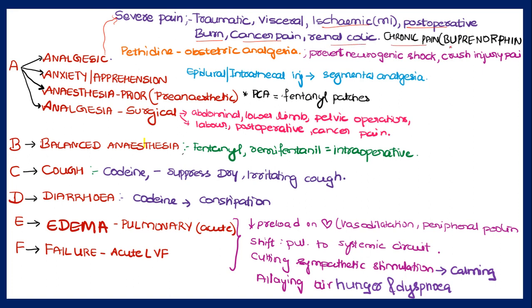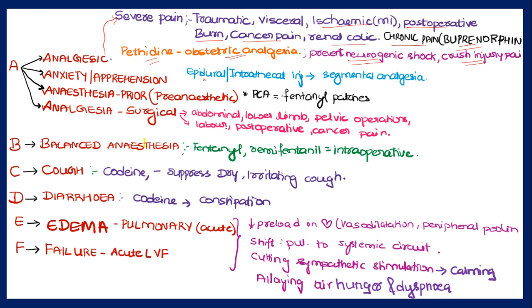Chronic pain can also be treated by using a mixed agent, that is buprenorphine. Pethidine finds its use in obstetric analgesia, but you should take care about the fetal as well as maternal complications. It is also useful in preventing neurogenic shock and relieving the excruciating pain associated with crush injury.